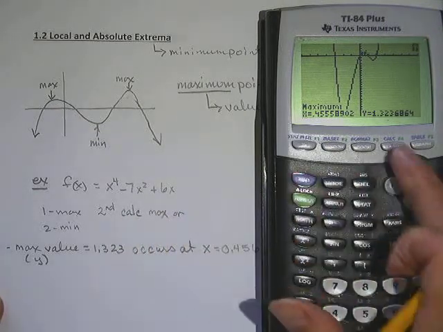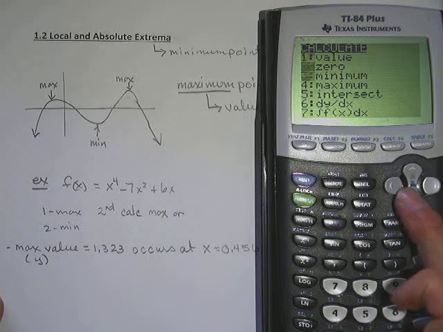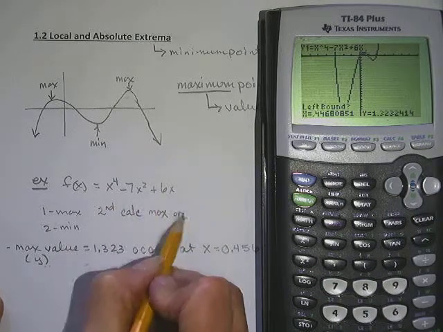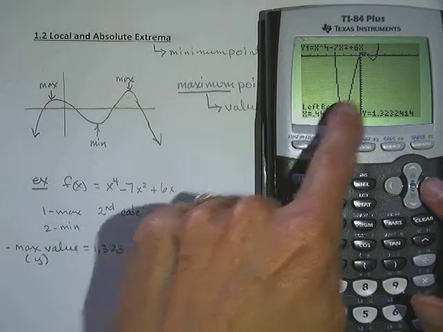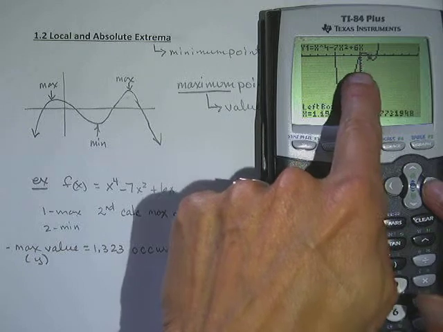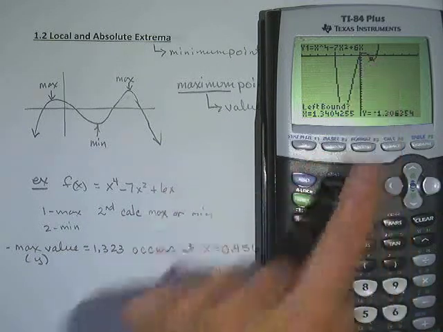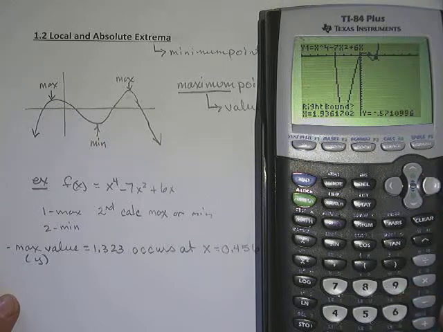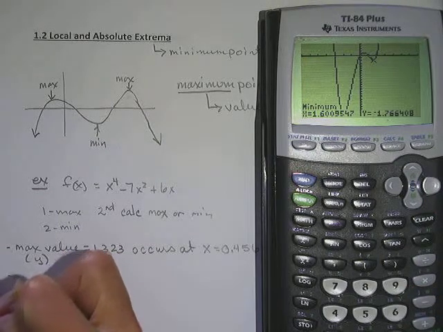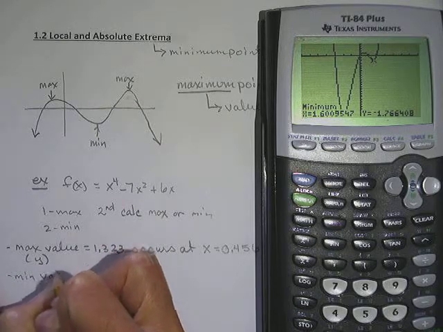Now we need to find the two minimum values. You use the same process. You always go second calc. In this case, we're going to find the minimum. And we'll start with this one over here. We have to go to the left of it, so you have to move over so you're just left of that low point. Push enter. You go again.